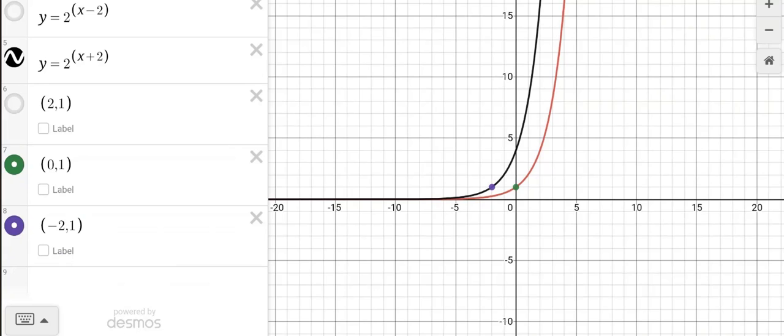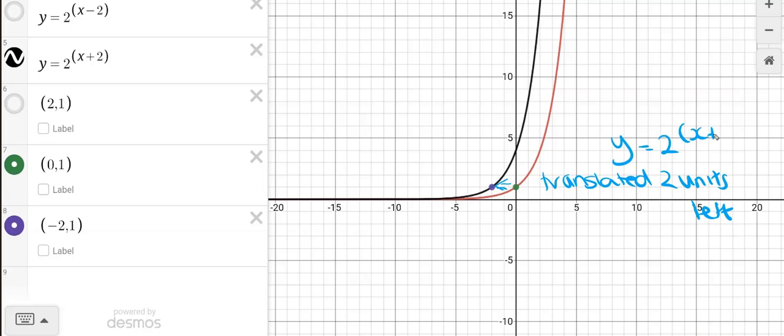So if we look at our graph, we can see that it has been translated 2 units to the left.